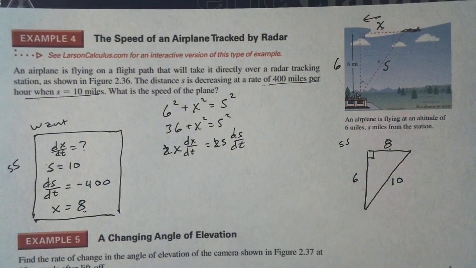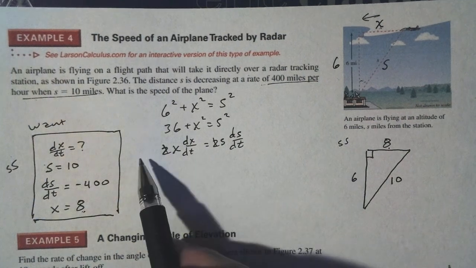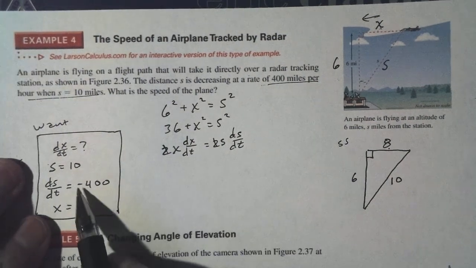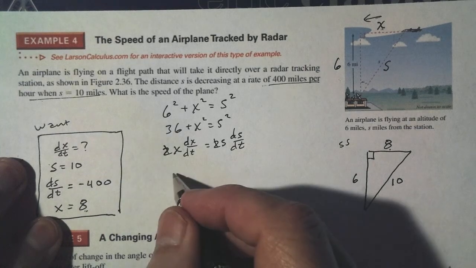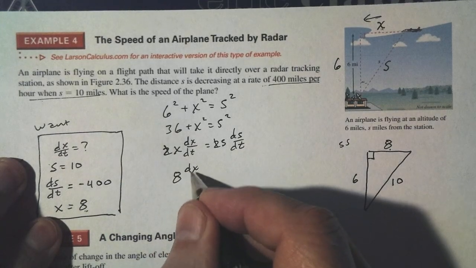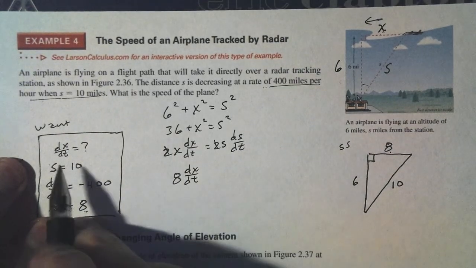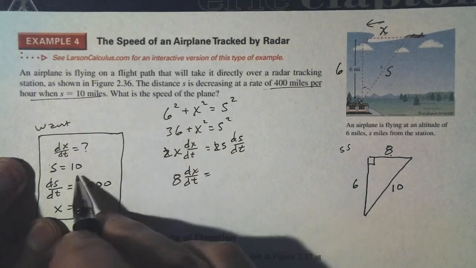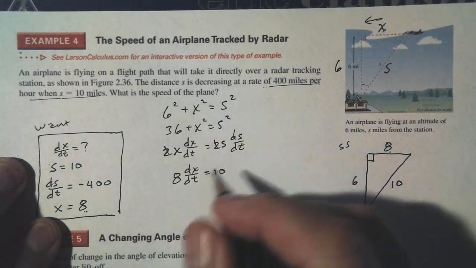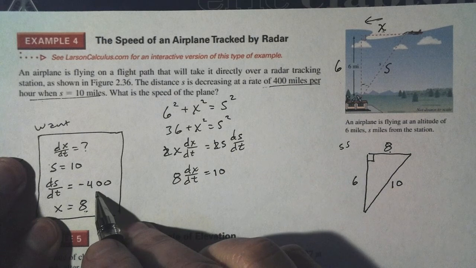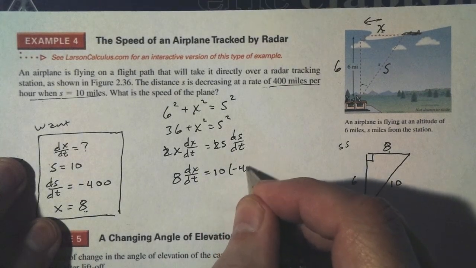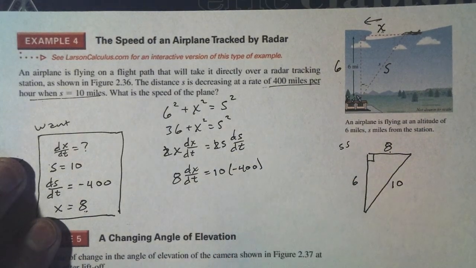And now, what are we trying to solve for? Or maybe we've taken our snapshot, let's put our snapshot values in. Well, X may be replaced by 8. dx dt is what we're looking for. S may be replaced by 10. ds dt may be replaced by negative 400, and we've got it.